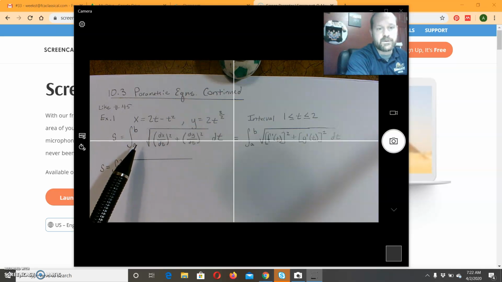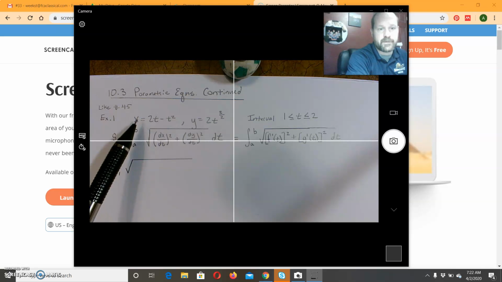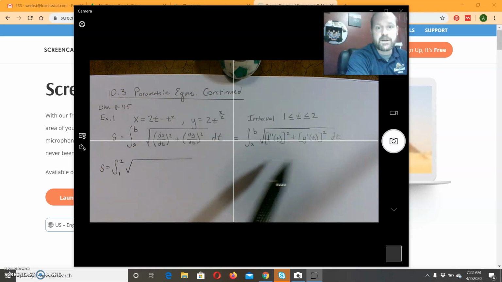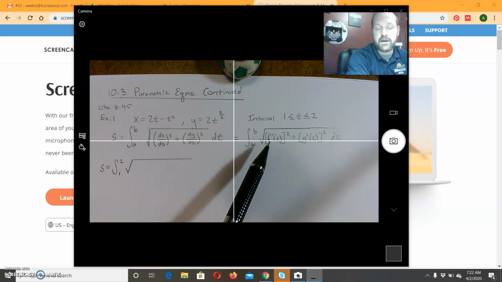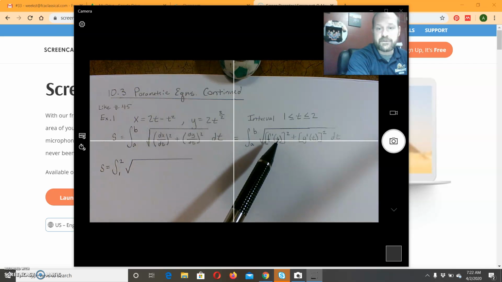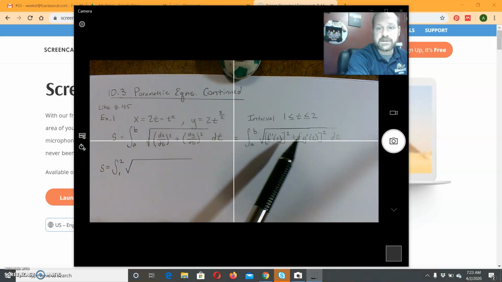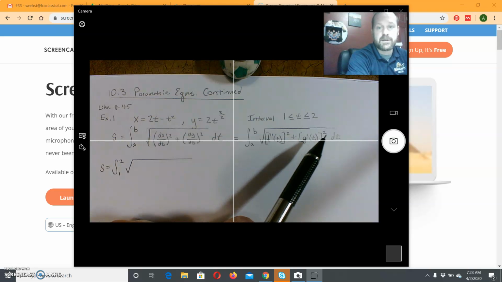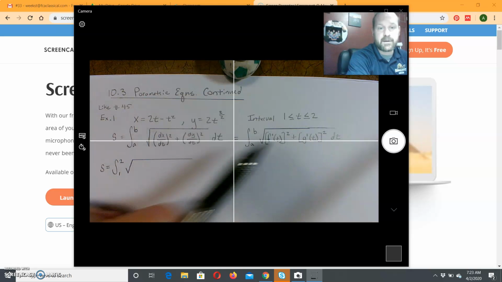You have the integral over the interval AB, and then we need to take the square root of (dx/dt) squared plus (dy/dt) squared, or they wrote it in another form right next to it: the first derivative with respect to t squared, plus the derivative of the second with respect to t squared. And then dt on the end there. Okay, not under the radical. See the little eraser mark.